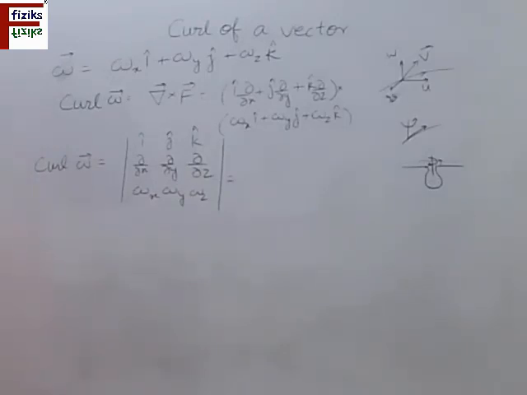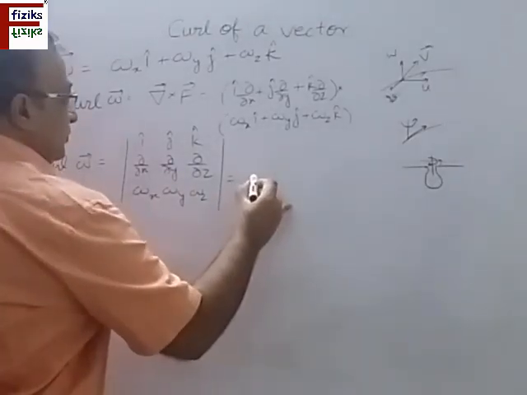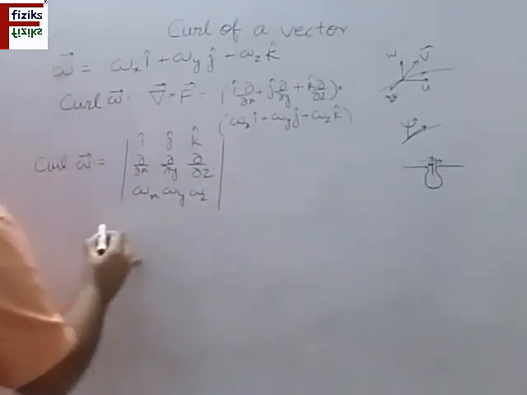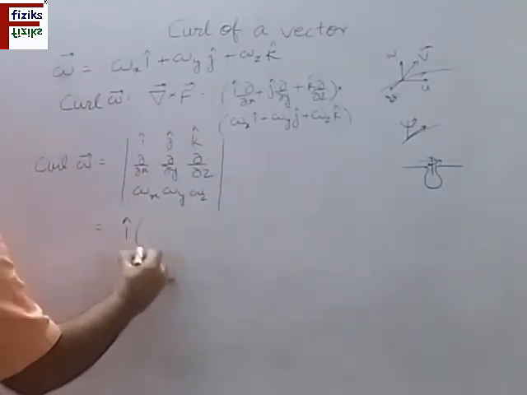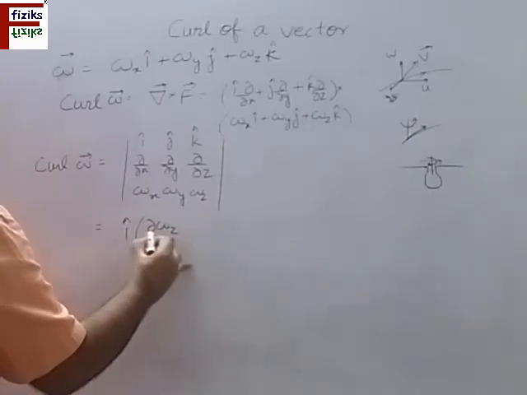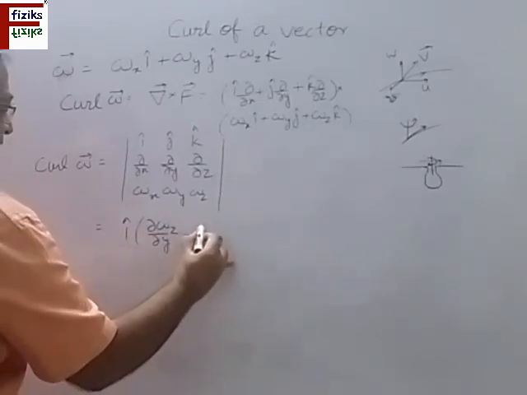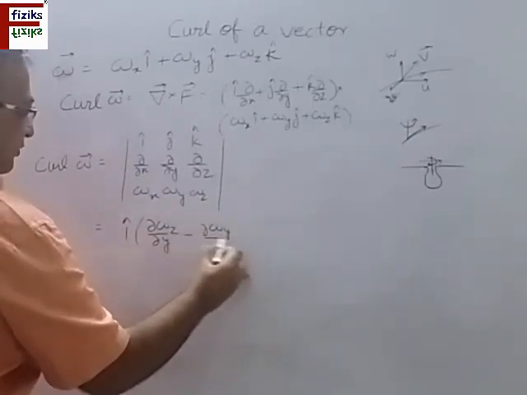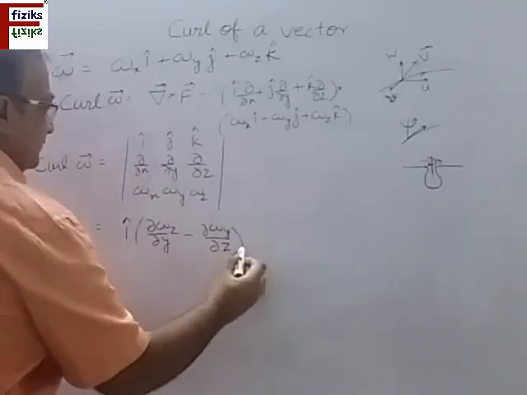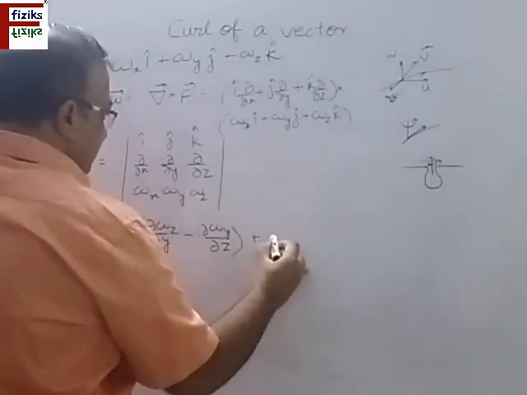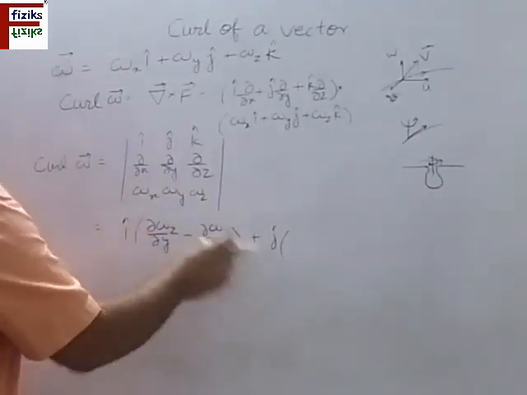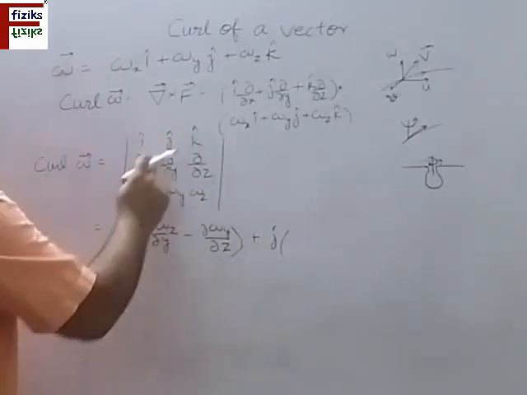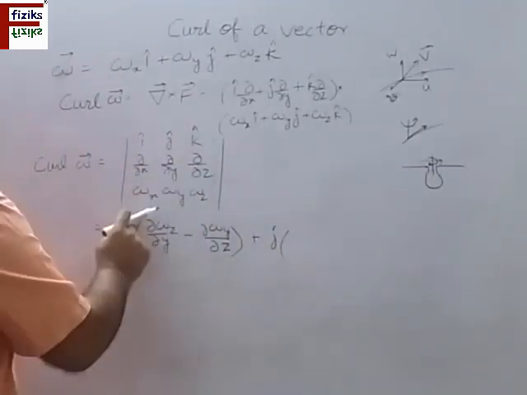So we can calculate its value, and this is equal to i times del omega z by del y minus del omega y by del z, plus j. Actually this is minus, so minus j into this minus this into this.